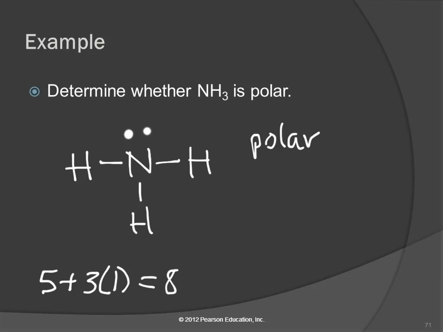So then let's think about why. Well, what shape is that molecule going to have? Trigonal pyramid. Are these bonds polar? Yeah, so they have dipole moments.